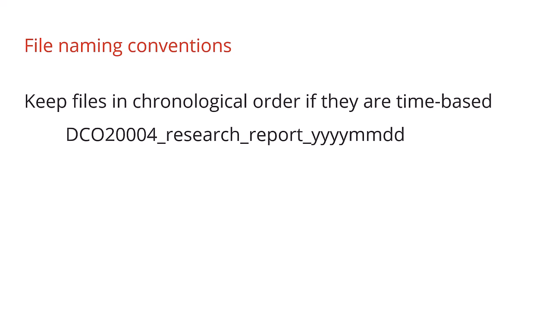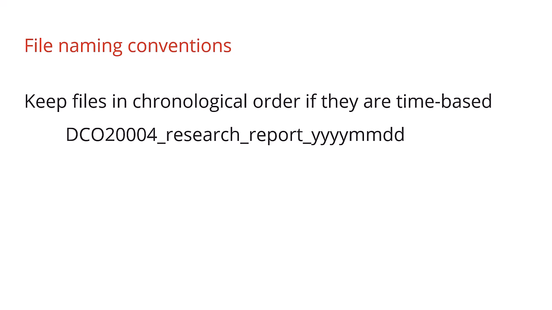Now, when you're creating files that are time-based, so this could be your versions, it could be other things that you were sending like meeting minutes, or if you have to regularly deliver work in progress to a supervisor, make sure you name them so that they order themselves chronologically in your file. Now, usually it will go alphabetically and by number.